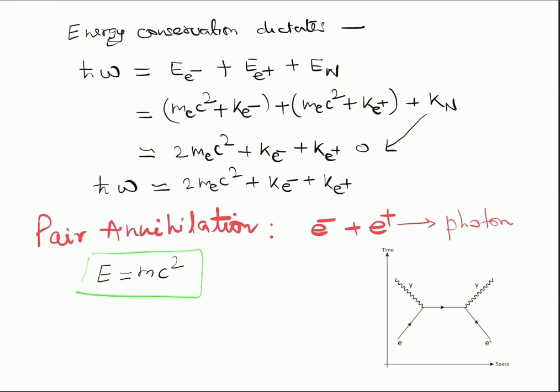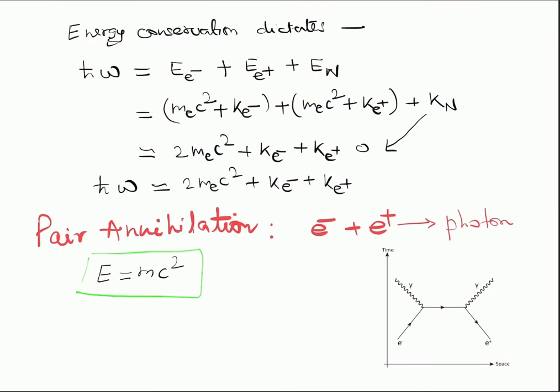All subatomic particles have antiparticles. Even neutral particles have antiparticles. For example, neutron has an antiparticle, antineutron. So these are the things which I wanted to discuss under pair production and pair annihilation.